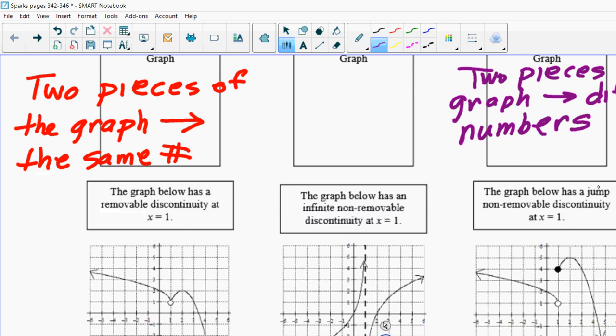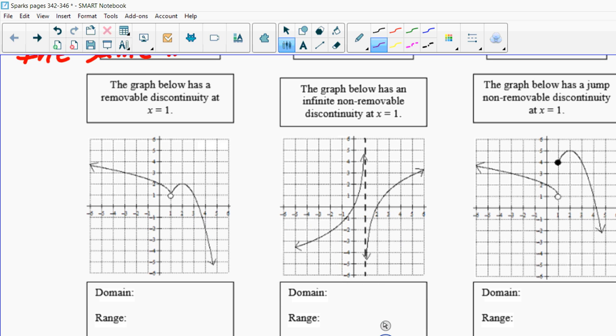So let's look at this picture. A jump discontinuity is non-removable. This one's got a jump discontinuity at x equals 1 because when we get to x equals 1, we have to jump up here to keep graphing.